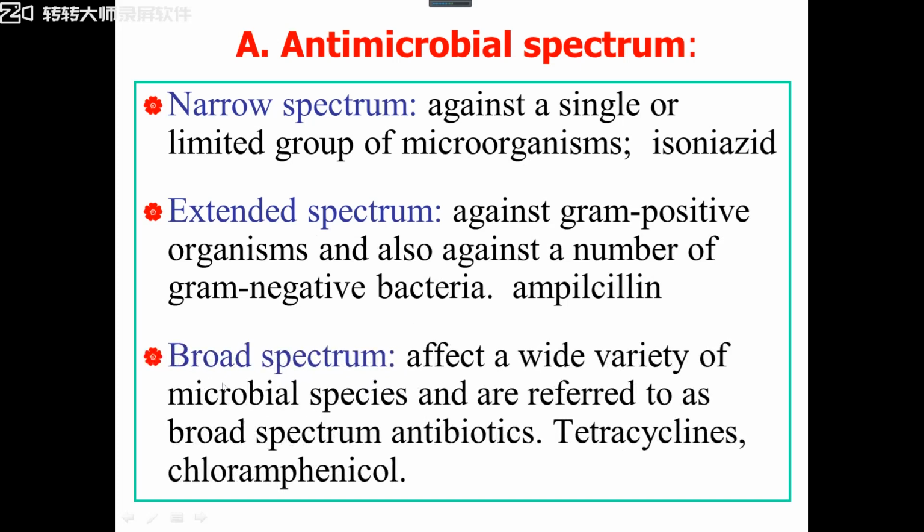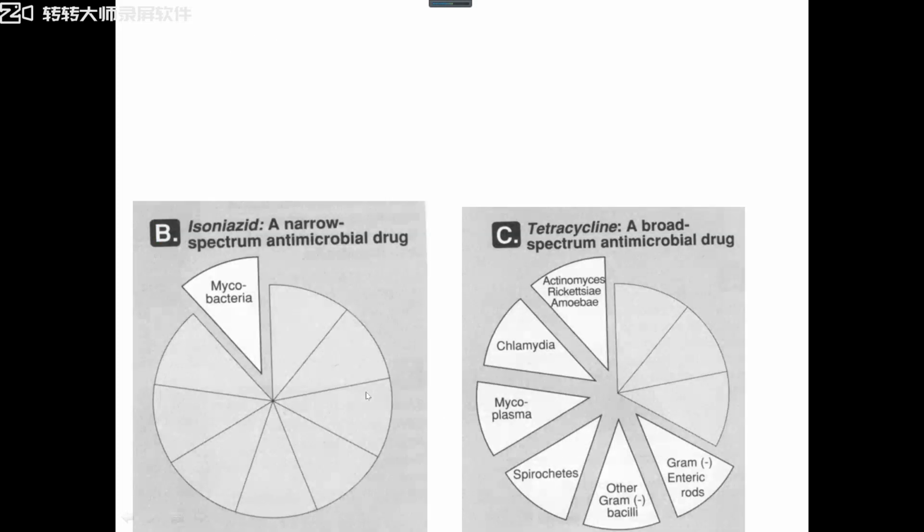The last category, broad spectrum. These drugs affect a wide variety of microbial species and are referred to as broad-spectrum antibiotics, such as tetracyclines, chloramphenicol, and quinolones, which we will study later. Broad spectrum means they can affect a wide variety of microbial species, not only against gram-positive but also gram-negative bacteria, and also against some special bacteria.